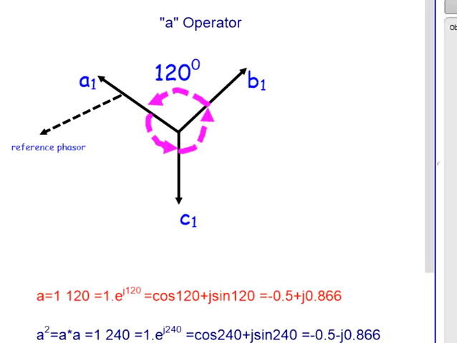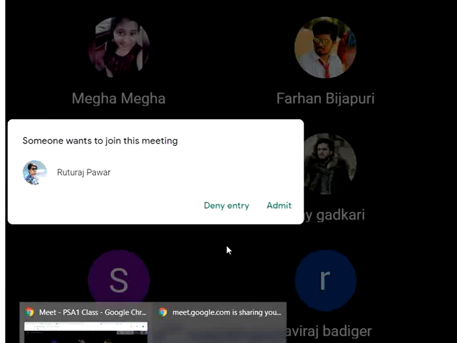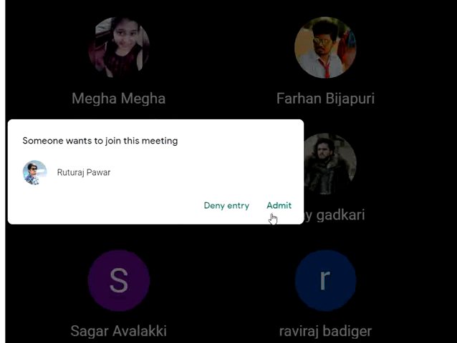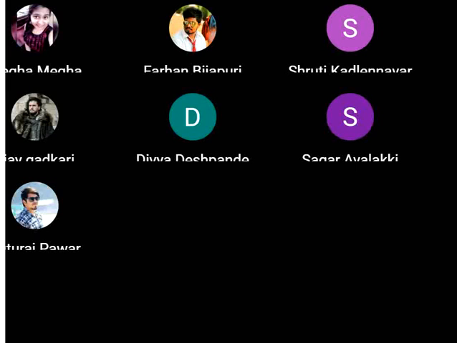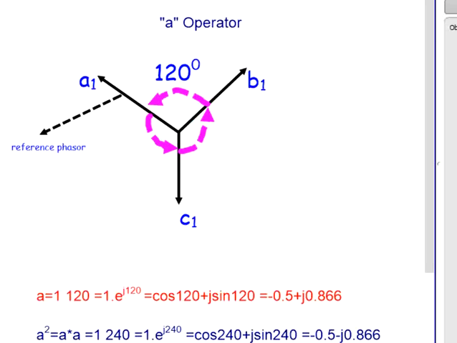How will we multiply two complex numbers? Yes, your magnitudes will be multiplied and your angles will be added.